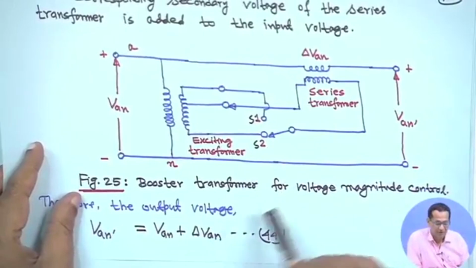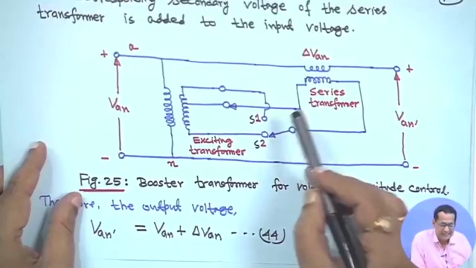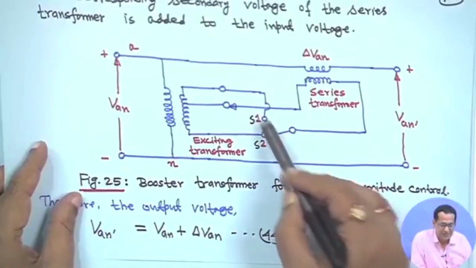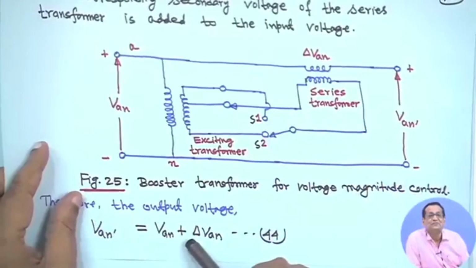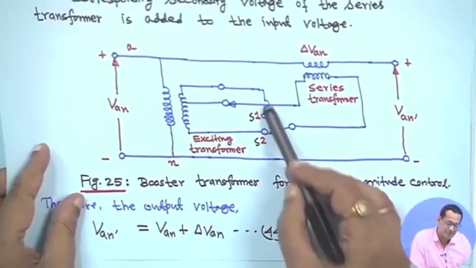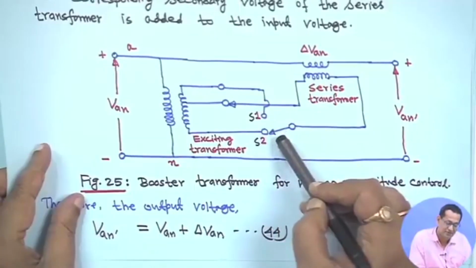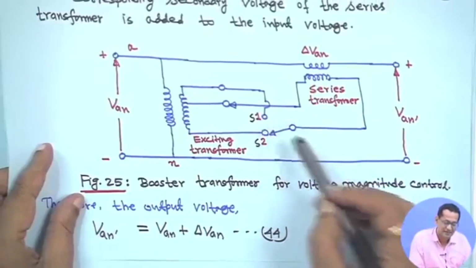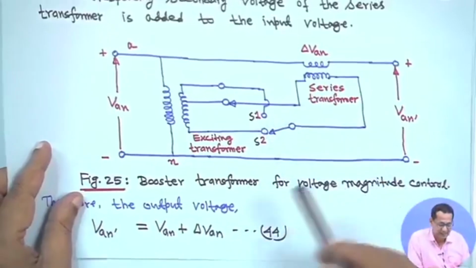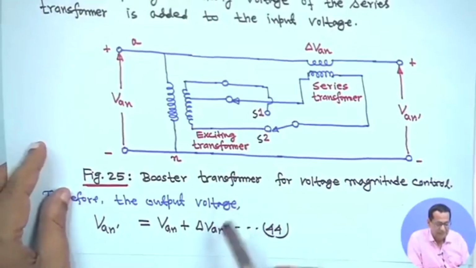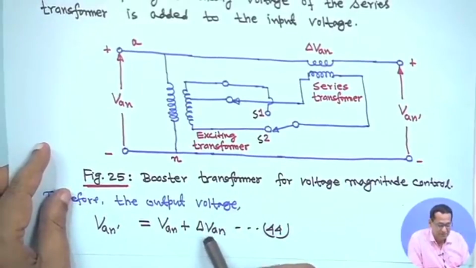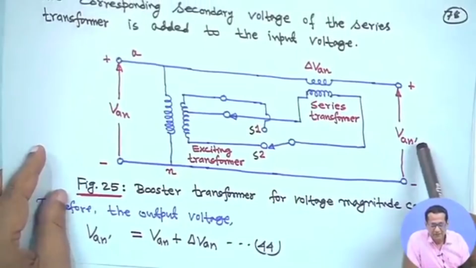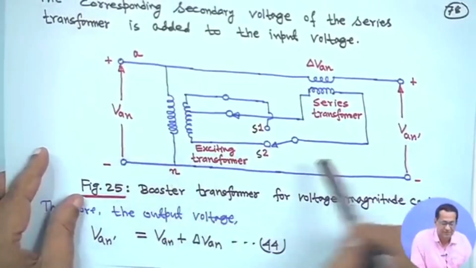Now, if you interchange the positions of S1 and S2, then what will happen? This will be a subtraction. If you interchange S1 and S2, then it will be minus, and at that time this voltage will be less than the other one, right.